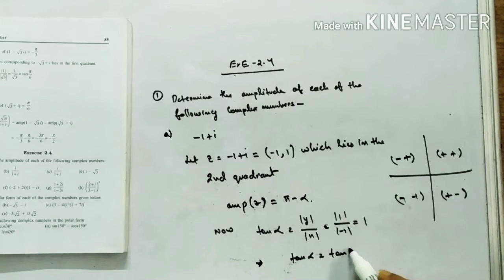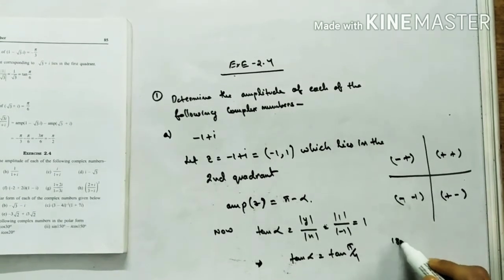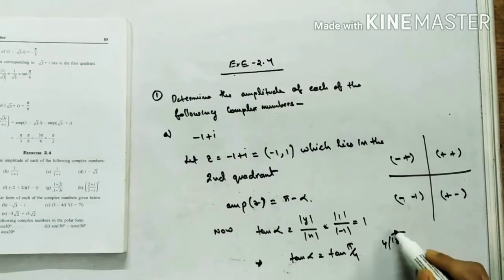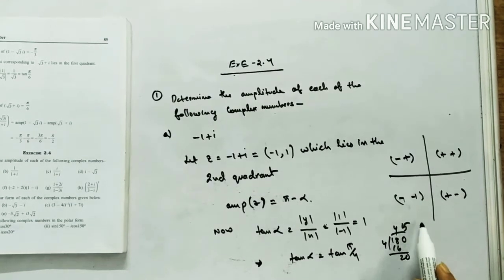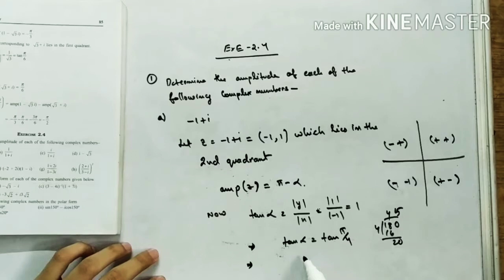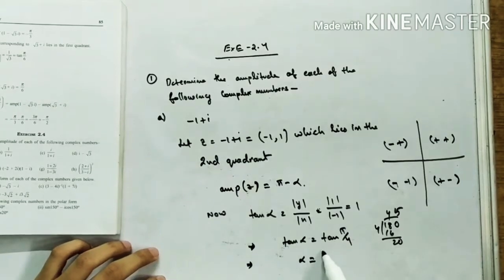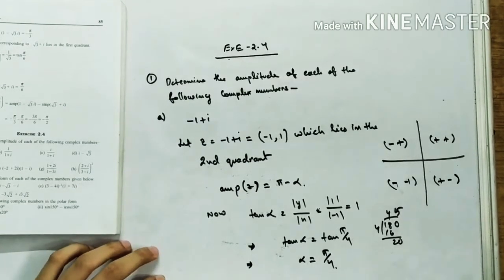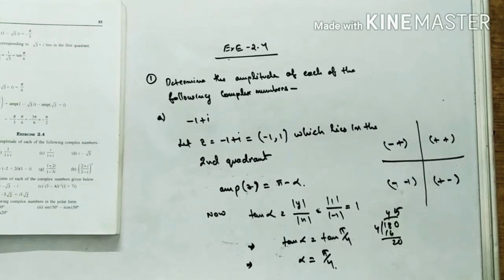Instead of writing 45 degrees, I will write pi by 4. Here pi is 180 degrees. If you divide 180 by 4, you will get 45 degrees. So in place of 45, I can write pi by 4. So here I will get alpha equals pi by 4.